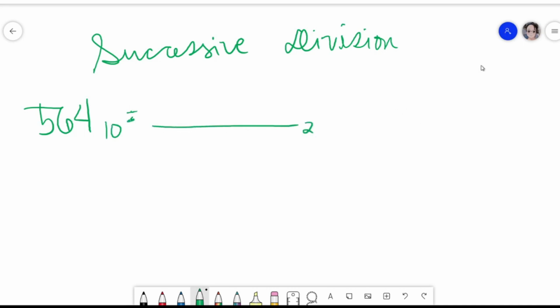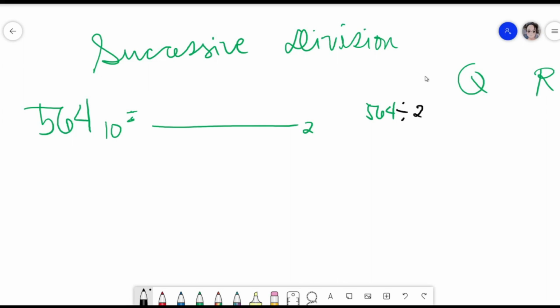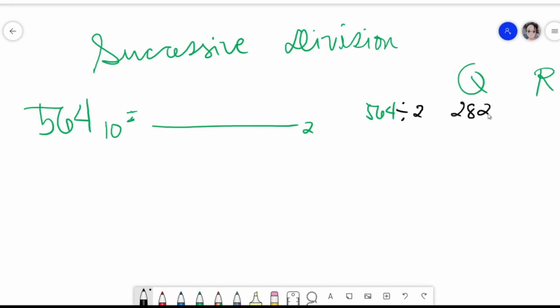So dili atong portion nga quotient, the remainder. So this is 564. So now let's use black pen. So 564 divided by 2 is 282. So wala siya kapin, automatic 0.